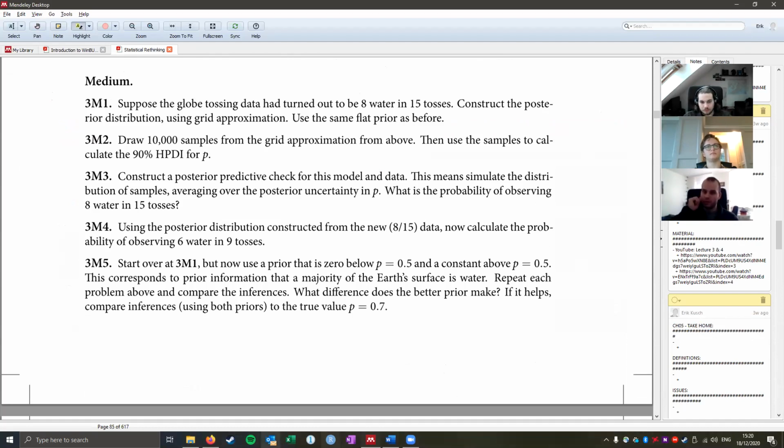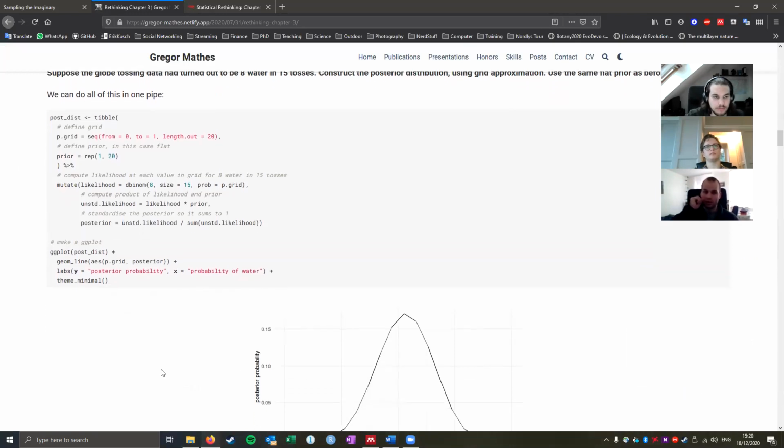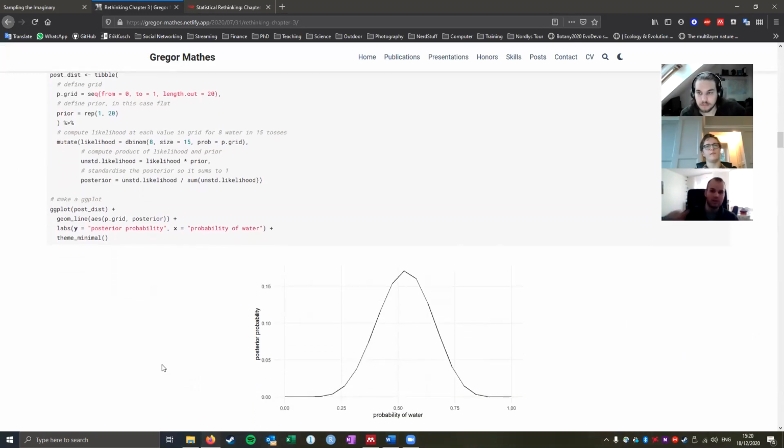So I was using tidyverse syntax, so the dplyr package, where I first define our grid, which just goes from 0 to 1. So probability of, so basically no water to all water.